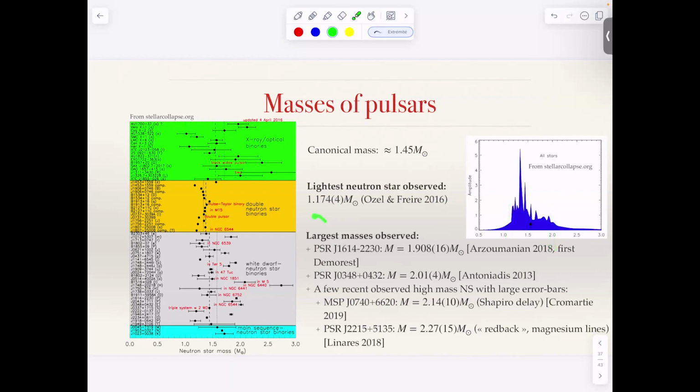And you can also look at the largest neutron stars observed. There are a few of them, but they are extremely important and extremely instructive because they probe the upper boundary of stable baryonic matter. From this observation, you say, oh, I have observed a mass of 2 solar mass.